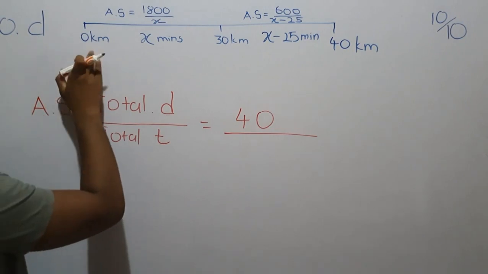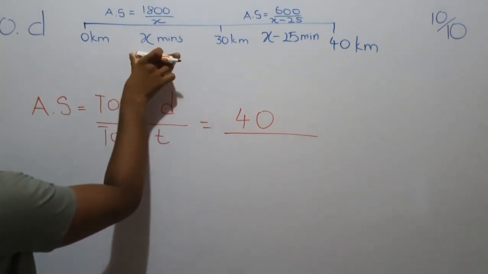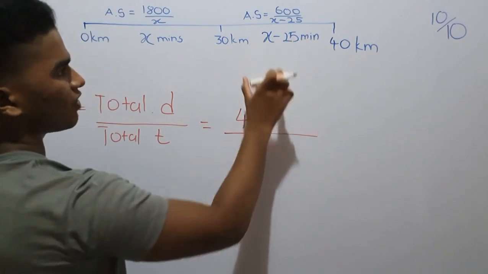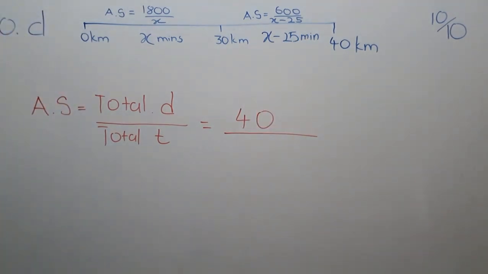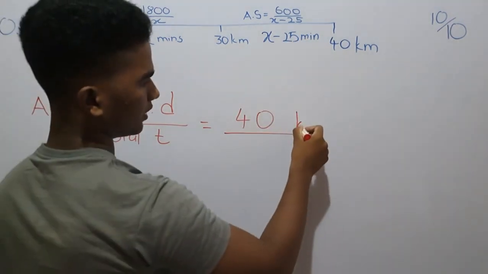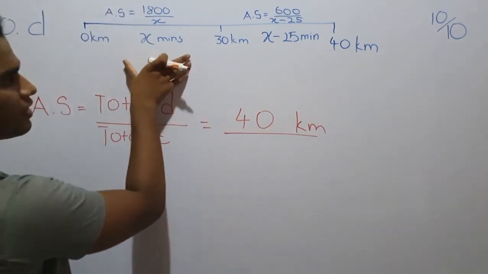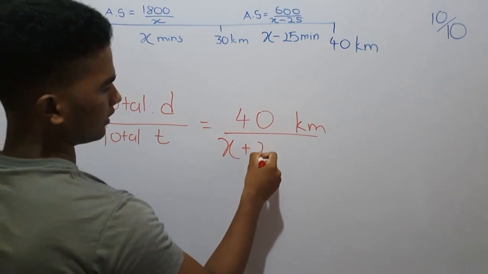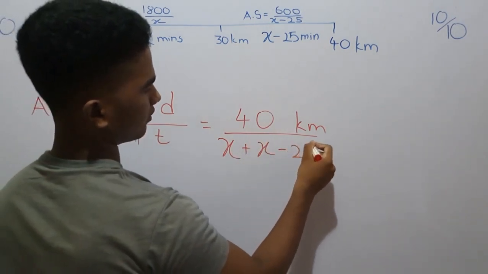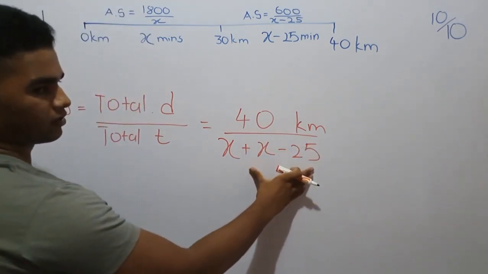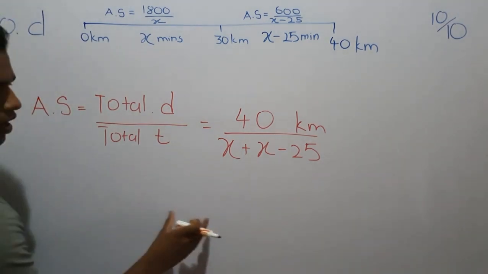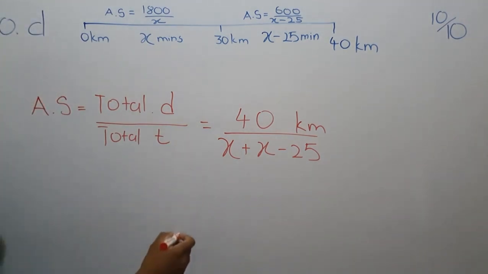From 0 to 30 she has taken x minutes, and from 30 to 40 she has taken x minus 25 minutes. So the total is the addition of these two, x plus x minus 25. This is in minutes. As I told earlier, to convert minutes to hours, you should divide the whole thing by 60.